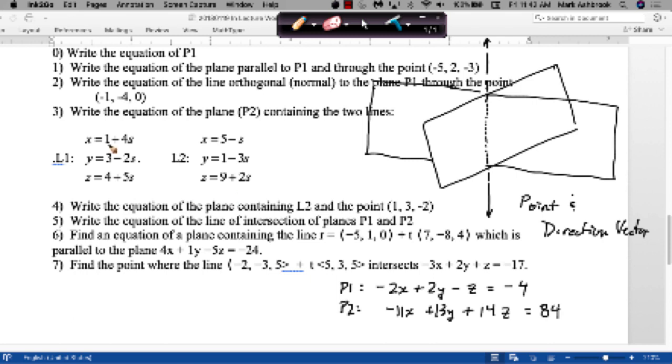If we check these two points, 1, 3, 4, so -11, 39, and 56. All right, seems about right. Then -55 and 13, and oh geez, forget it. Okay, so we're just gonna go with that.